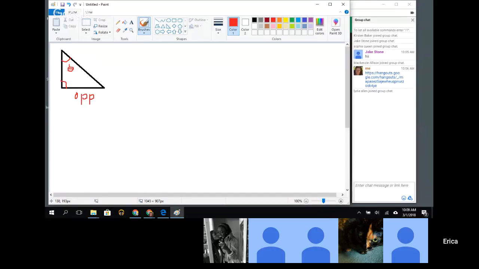We will call this the hypotenuse because it is the hypotenuse. Hypotenuse just means the longest side of the right triangle, which is across from the 90-degree angle. And then this little guy here is the adjacent side, ADJ. We know it's adjacent to theta because it's not the hypotenuse.